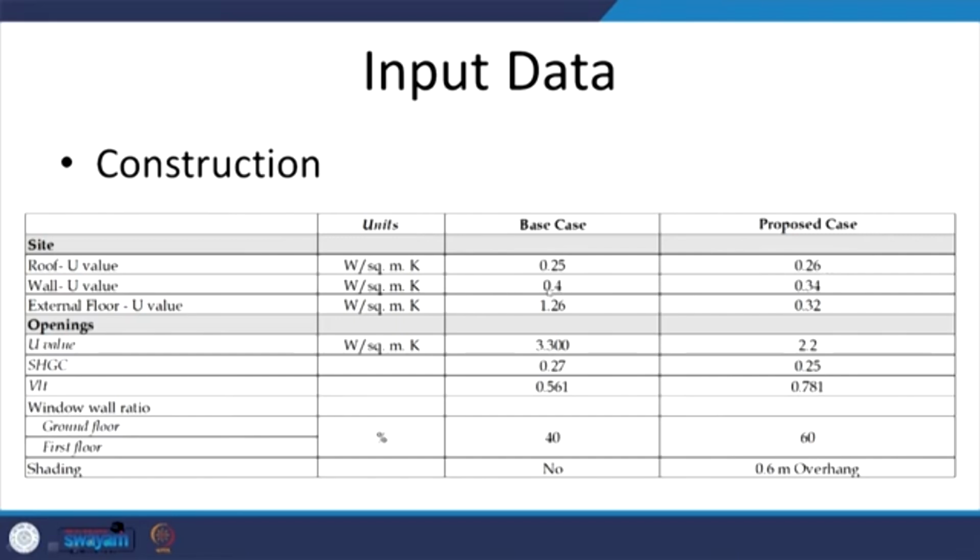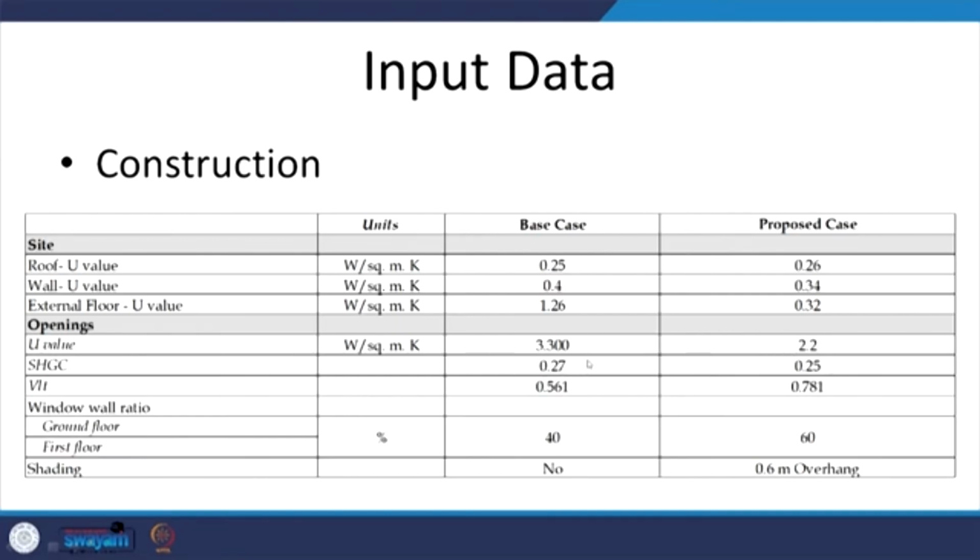For the wall U value of the base case as per ECBC, instead of 0.4, we have taken a better proposed case with a 0.34 U value, which is even better. Similarly, for openings, fenestration, the U value has been further reduced from the base case 3.3 to 2.2, which implies that the proposed case should ideally perform better as far as its overall energy performance is concerned.